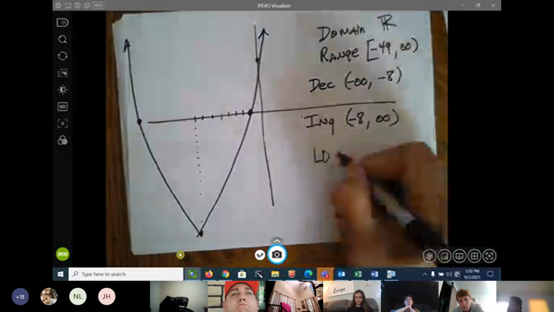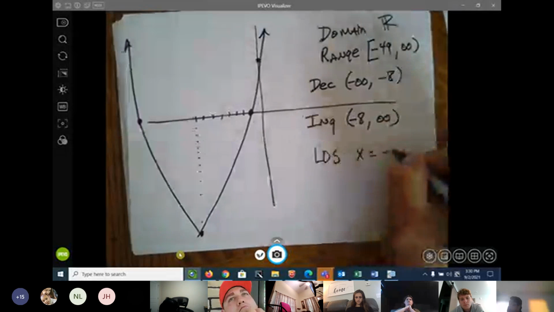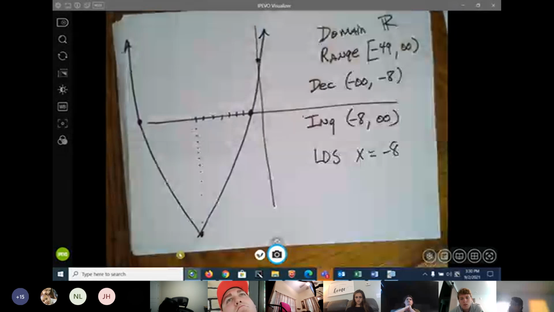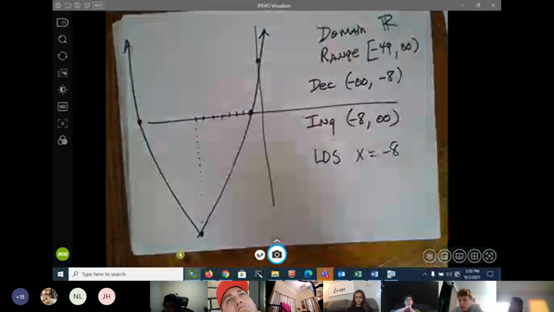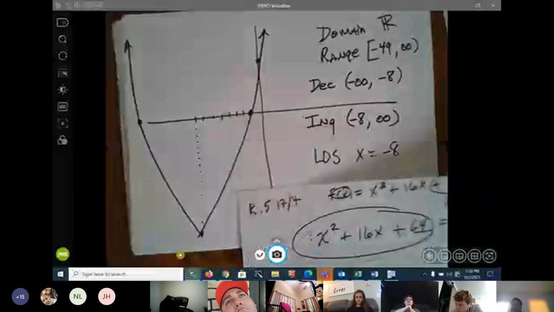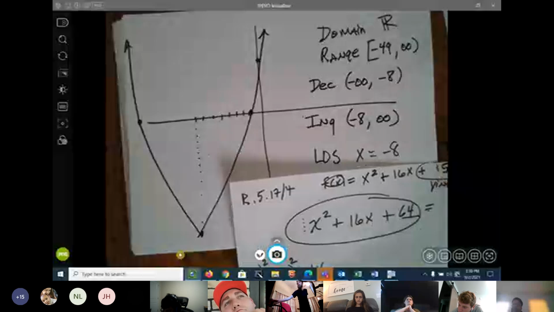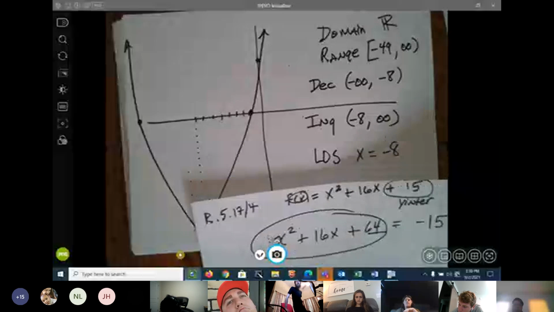And the line of symmetry, x is equal to negative 8. What you should do to a quadratic in my class, whether it's calculus or algebra.